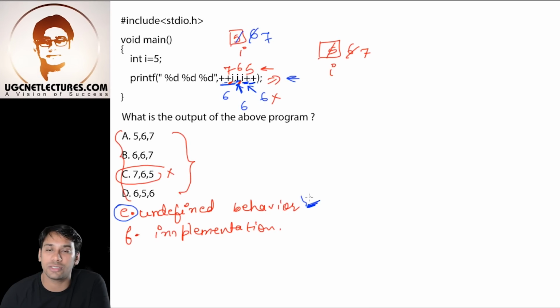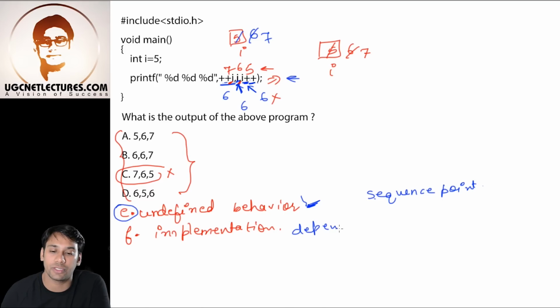You can check out more details about this undefined behavior and read the topic called sequence point. Read it along with undefined behavior, and you'll get some idea why these kinds of programs give different outputs for different compilers. And this is implementation dependent?